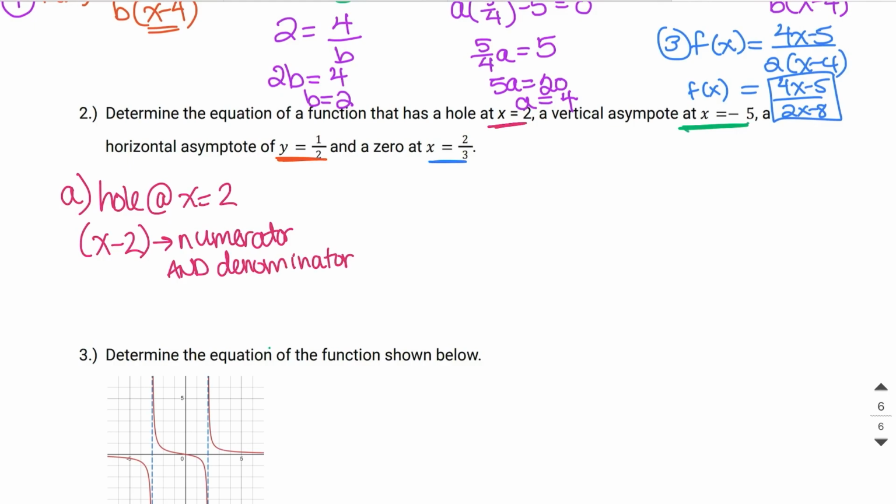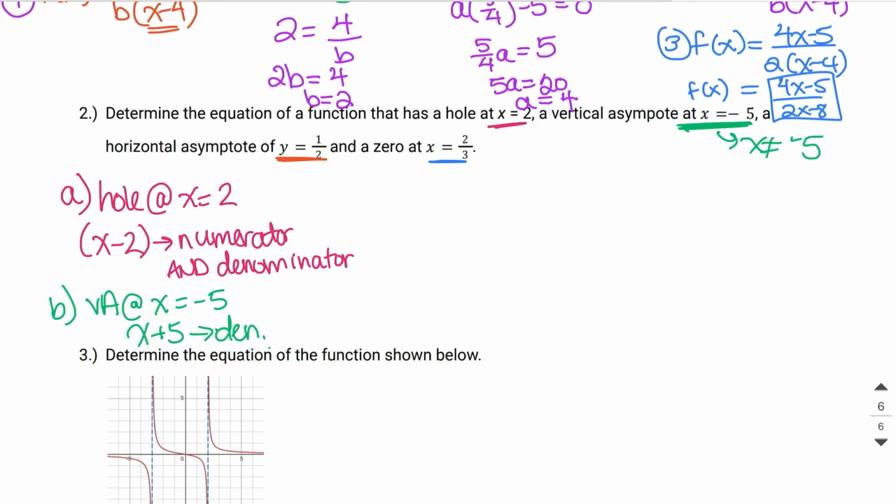We also know that we have a vertical asymptote at x equals -5. So that means that we will have a factor of x plus 5 in the denominator, because this is telling us that x cannot equal -5. Okay?